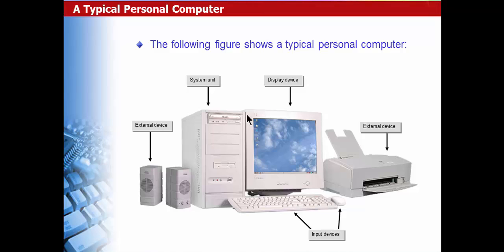So this is considered as a display device, and this is known as a CPU, central processing unit or system unit. All these devices like speakers and printers are considered as external devices, and we have mainly two input devices for every personal computer. One is a keyboard and the other one is mouse.